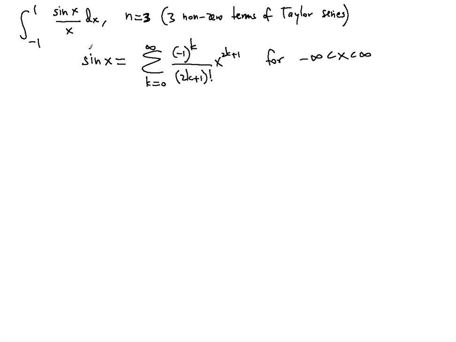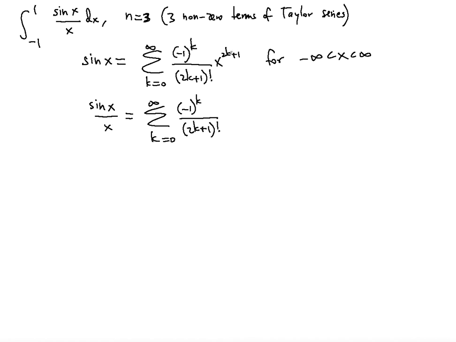So now before we find the series for sine x over x, we have to divide by x. So all we do in this case is take this and divide by x, right?